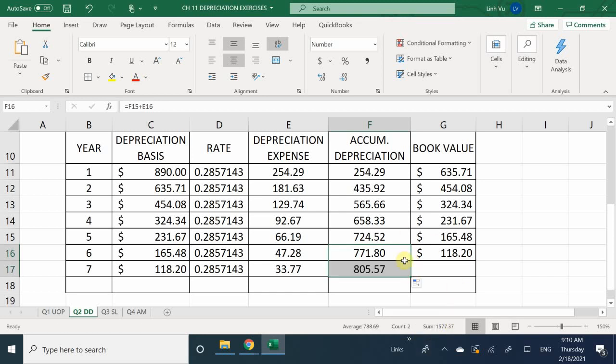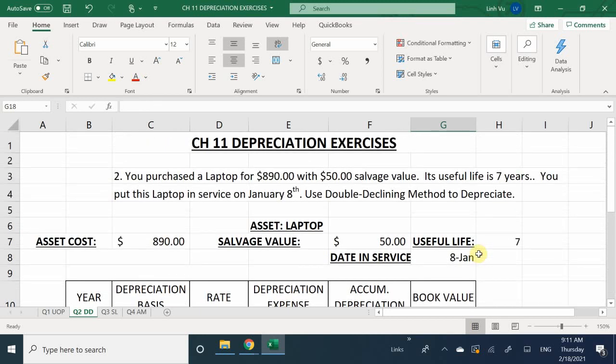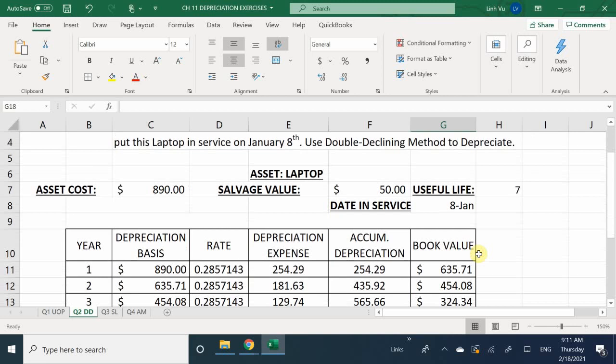Good. And then what's my book value going to be? 84.43. So here, my asset can go a little further.